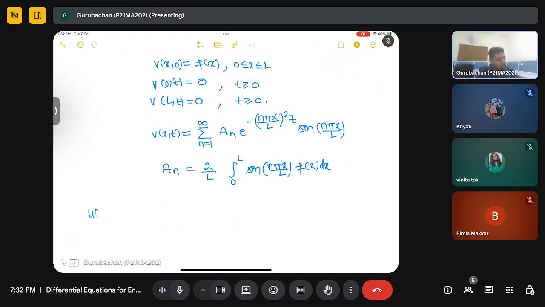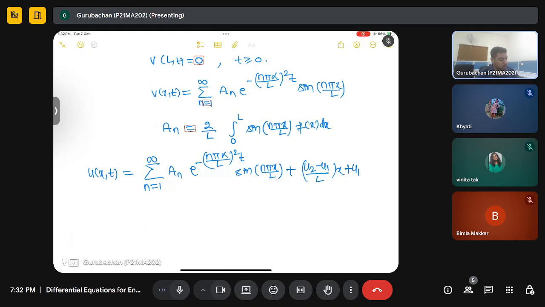So you know the value of v(x,t). Now what will be the value of u(x,t)? u(x,t) will be the summation of this a_n, which can be found with the above given expression, times sine n pi x by l, plus (u2 minus u1) divided by l times x plus u1.